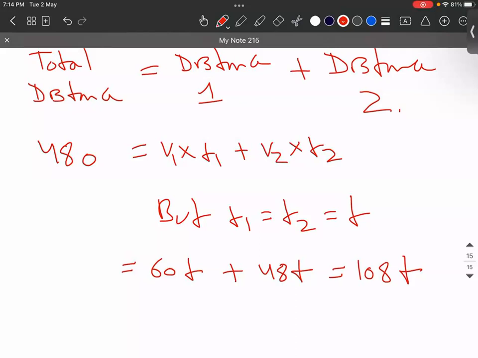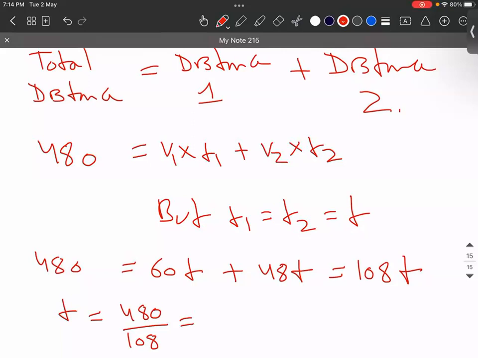Get the whole process. 372 more. So find T first for me. Find T. What is T? 372 is T, is it? So can you divide by 60 and tell me?